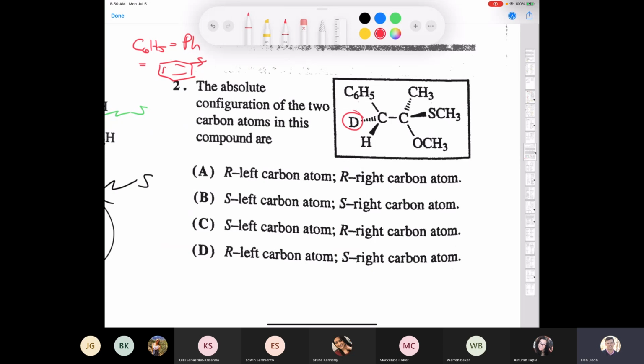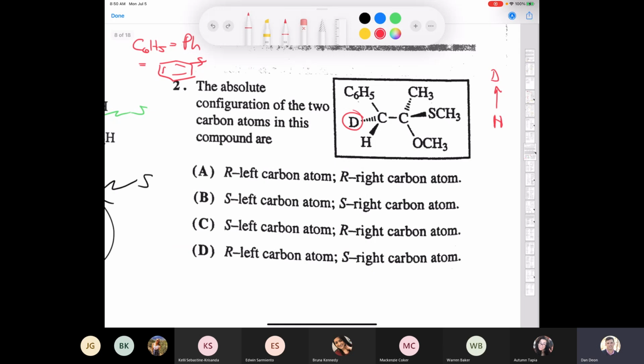Deuterium is a hydrogen with a neutron in its nucleus. So it's hydrogen 2. Since it has a neutron in the nucleus, it has technically a higher atomic number than hydrogen does. So it has a higher priority than hydrogen.